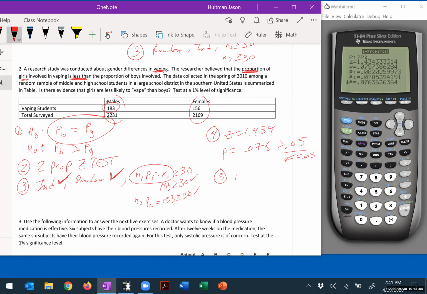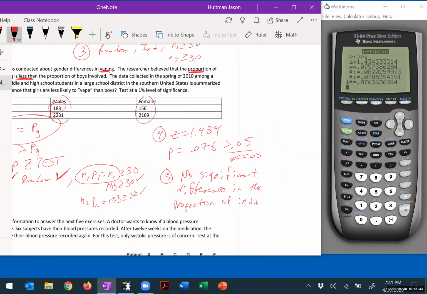So number 5: there is no significant difference in the vaping habits, or in the proportion of individuals vaping, with respect to gender.